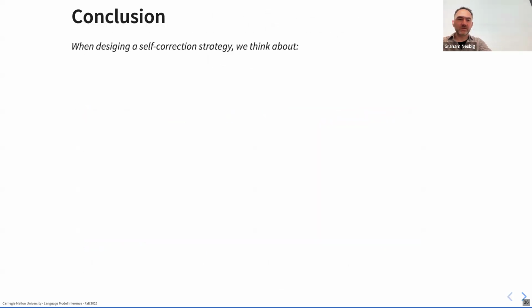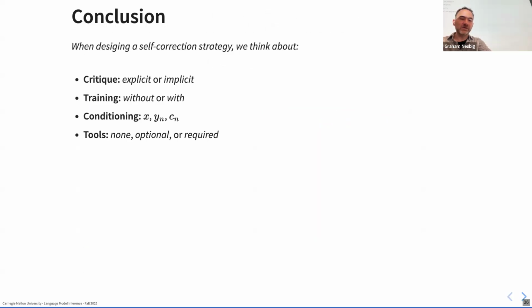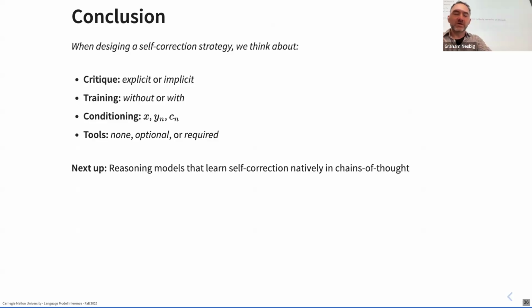Great. So yeah, I mentioned a few dimensions. Hopefully these dimensions and these examples will be good for thinking about self-correction methods on a higher level. So if you want to use these in your class projects or your homeworks, you can think, do I want to be adding explicit critiques or implicit critiques?